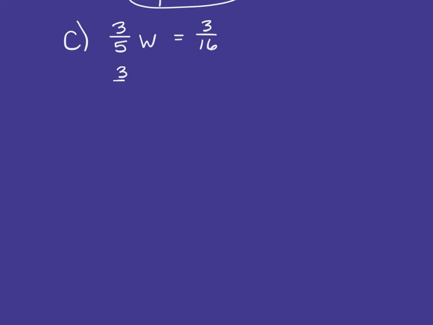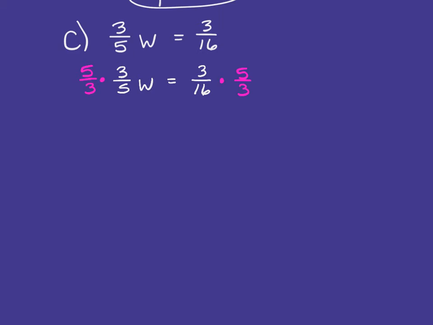So if we take the fraction 3/5, and I'm just going to recopy the problem here, and we want to multiply by its inverse, we're going to multiply by its flipped fraction, which is 5/3. What we do to one side, we'll do to the other.